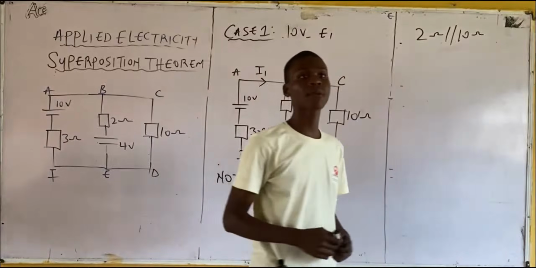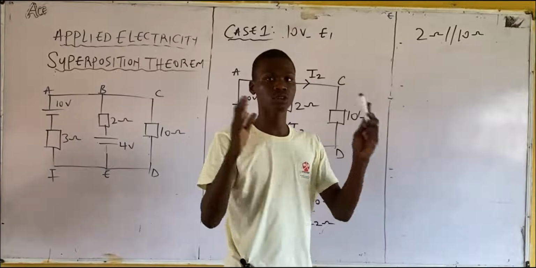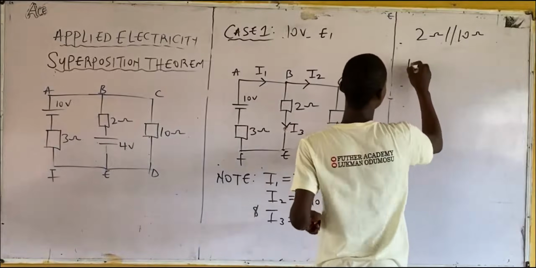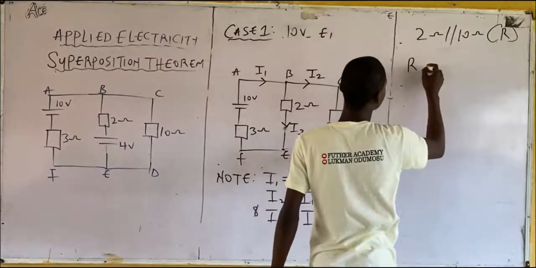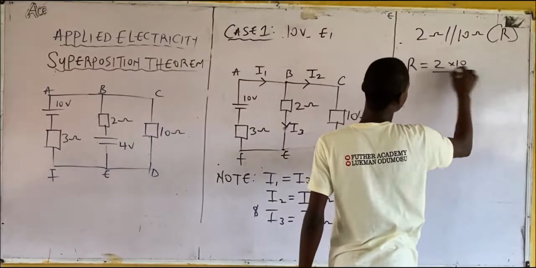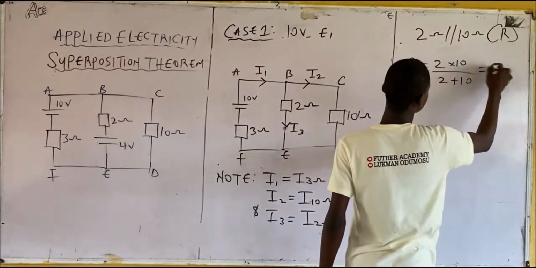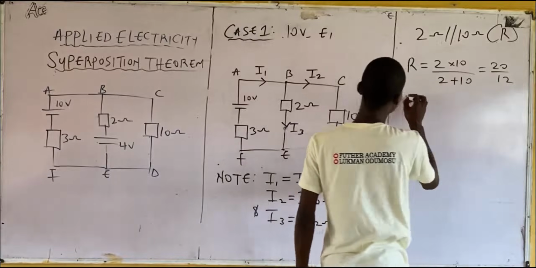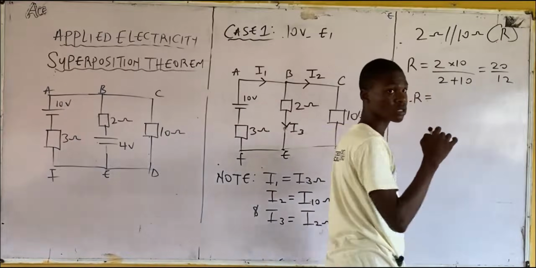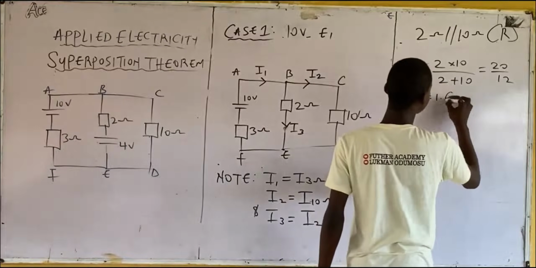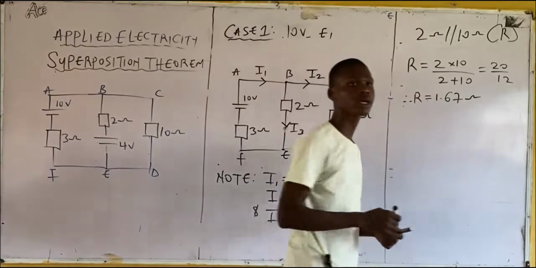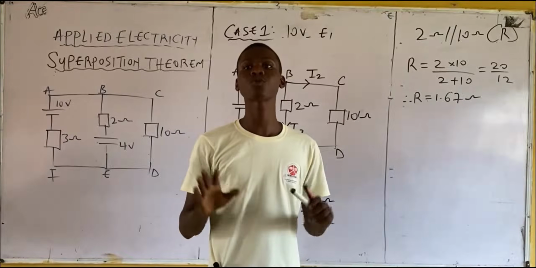Applying your parallel resistor calculation, let's denote it as R. Then we have 2 times 10 over 2 plus 10. This is 20 over 12. So R is equal to 1.67 ohms. Any question so far?